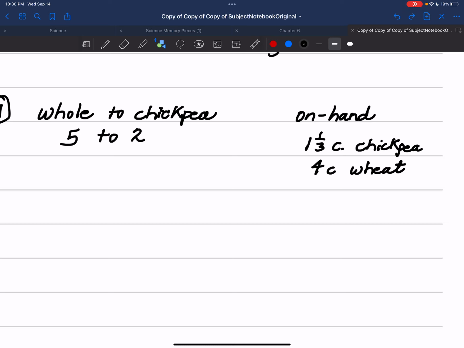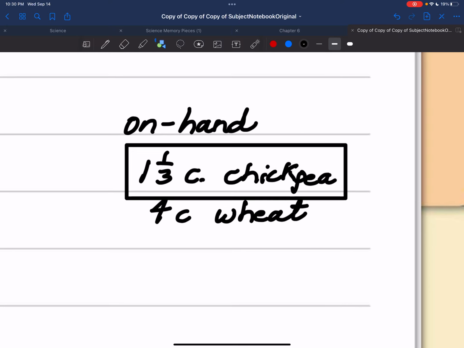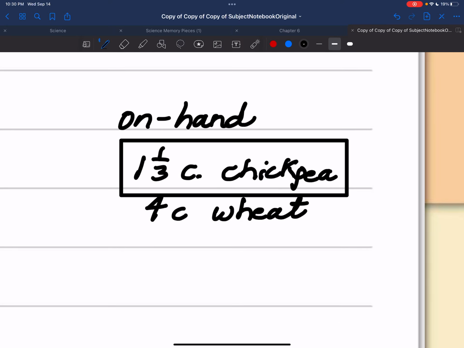Would you agree with me that the least amount of ingredients that I have will be in the chickpea category? I have less chickpea flour than whole wheat. So this is where I'm limited. I can only use what I have. So I can't use more than 1 1/3 cups of chickpea flour. I don't have any more than that.